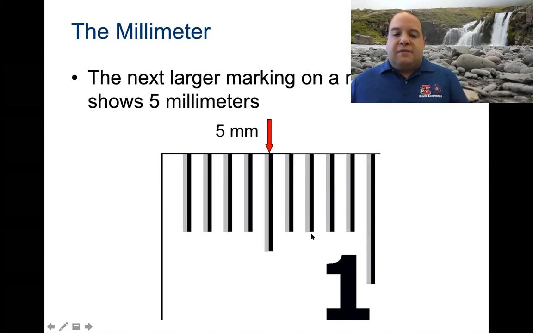If you know it lands right here, you can immediately start counting at that 5 mark. So the reason it's there is for you to visually be able to count things a little faster. You know that's the midway point. So from here, I would only have to count over 6, 7. I wouldn't have to count up to 5 because we already know that this line is 5. That's why they have that longer line there. It indicates halfway between the 0 and the 1.